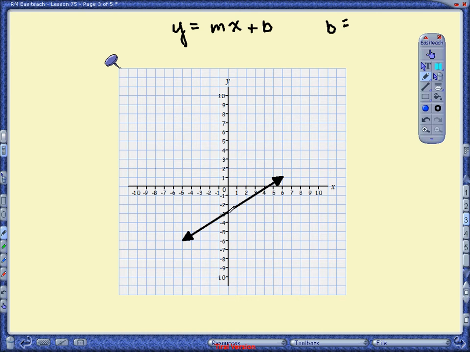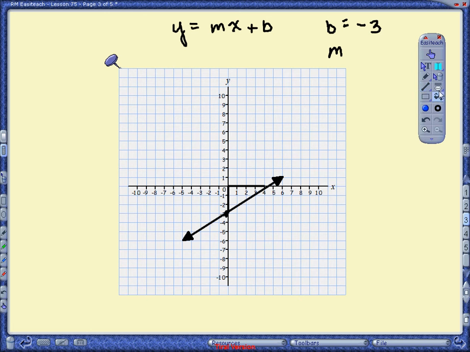We find b right here at -3. b equals -3. And now m, I'm going to get my line tool again and make a nice triangle from here right over to here, and from here down.